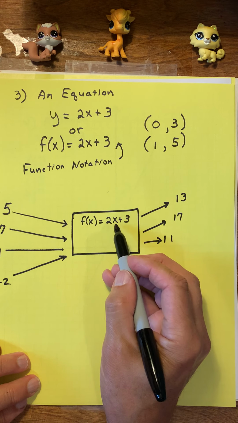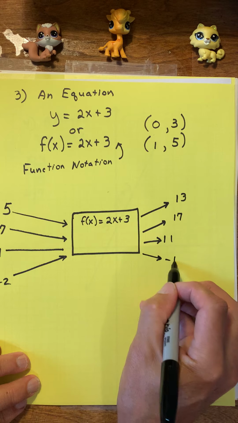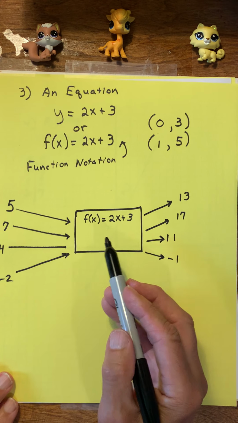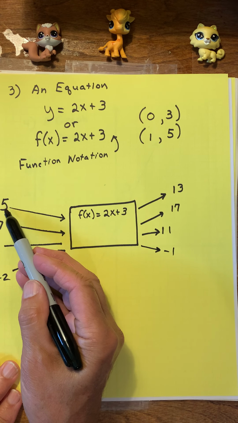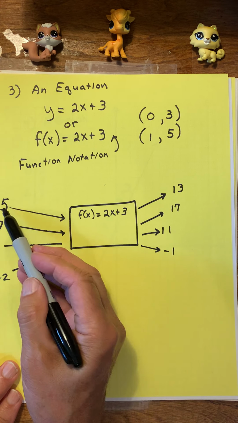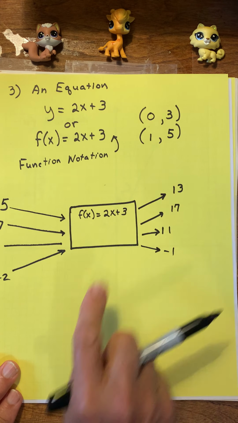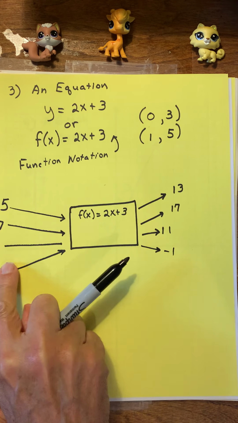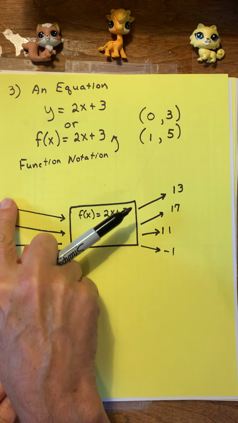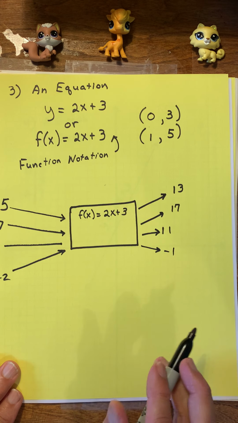The function says 2 times -2 is -4 plus 3 is -1. So a function is simply a mechanism that translates one number into another. You put a number in, you get a number out. Input, output. No surprise, this is your domain, this is your range. These are the numbers that you put into the function, these are the numbers that it spits out.